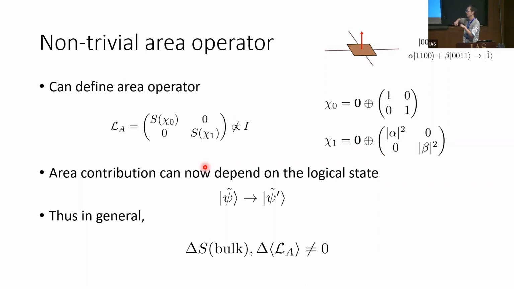So you can still define an area operator like this. But I could also define the area operator to just be S of chi naught times the identity, right? And then the formula would be true to within the noise. But if you want everything to be exact, then it's proportional to the identity, right?